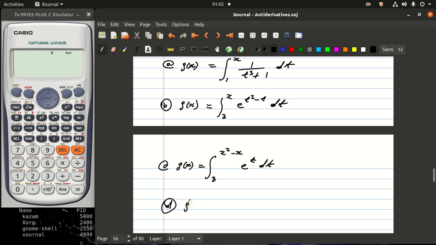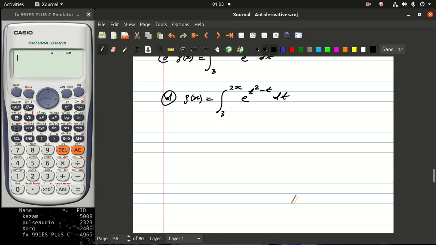And then you also have your D. Your g of x is the integral from 3 up to 2x of e raised to t squared minus t, dt.